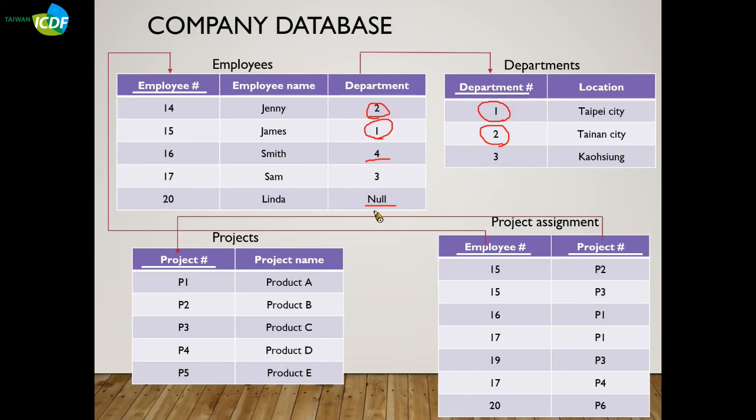So we can conclude that null values are allowed to appear, and if the foreign key has null values, it indicates that we don't need to check referential relationships further.